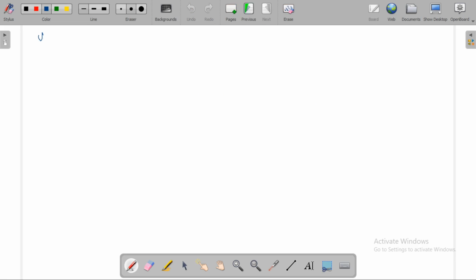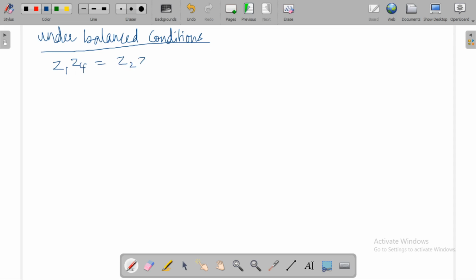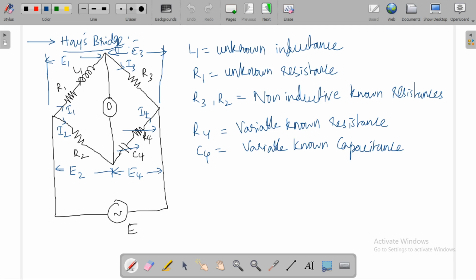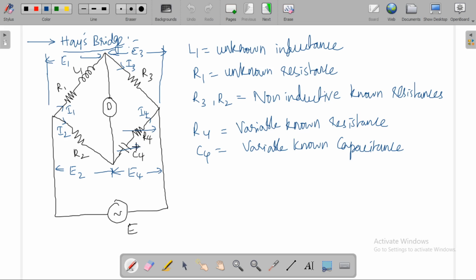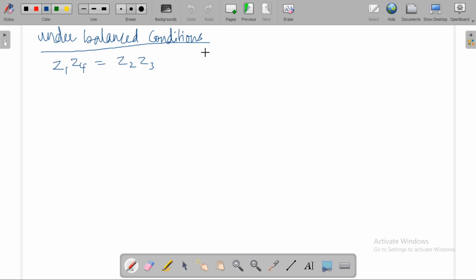Under balanced conditions, Z1 Z4 is equal to Z2 Z3. What is Z1 here?